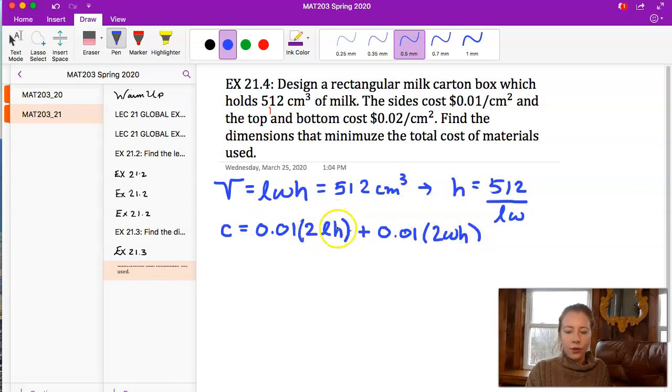So 2LH, 2WH, they're each a cent each, plus 0.02, 2 cents for the top and bottom, and that's going to be 2LW.